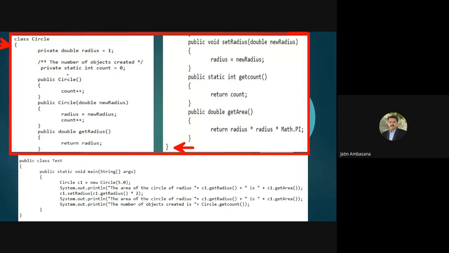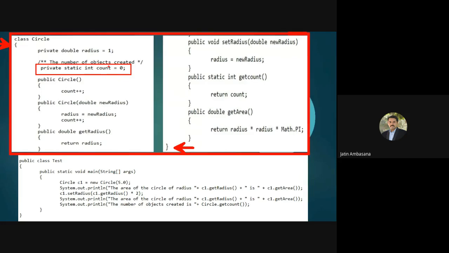And it has got what? It has got a constructor which counts the number of objects. It has got a private static variable of type integer, count, with value 0. This basically is used to count the number of objects created. Since this is a static variable, it will be common among all the objects and it will be available as a class variable.